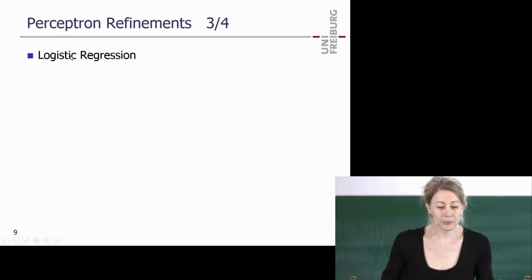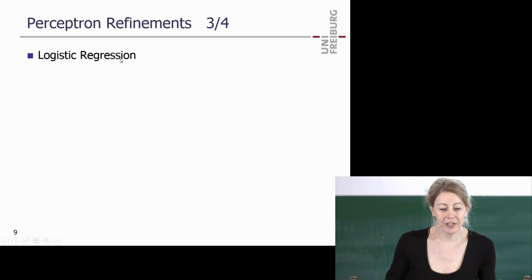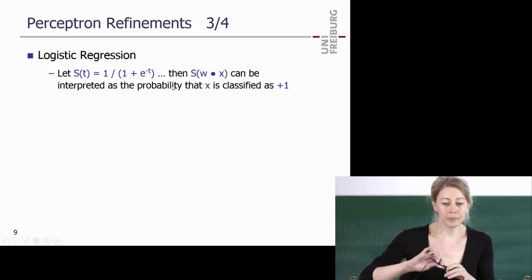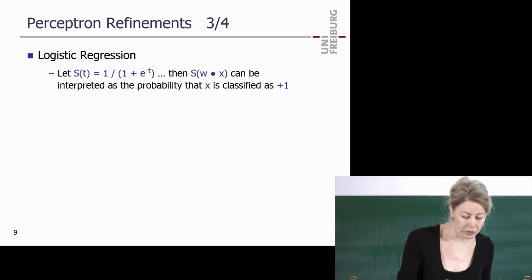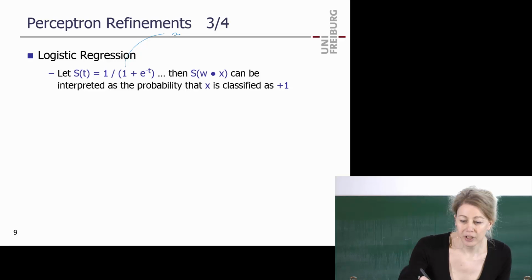Another idea, it's really another algorithm, logistic regression, but I like to see it as just a variant of a perceptron. It's very similar. Namely, this thing here is called the sigmoid function, or sometimes also the logistic function in the context of learning.